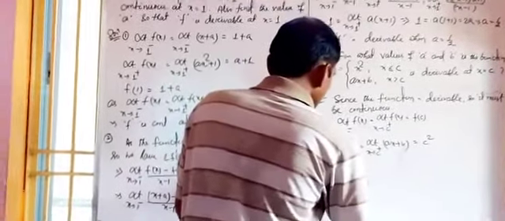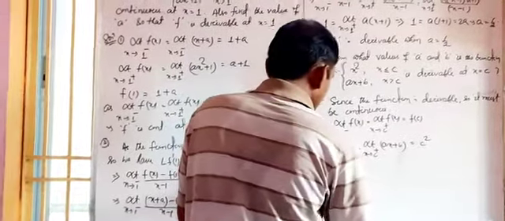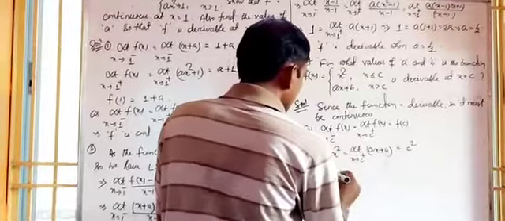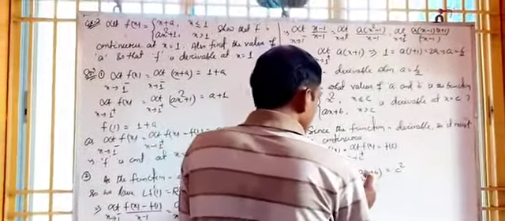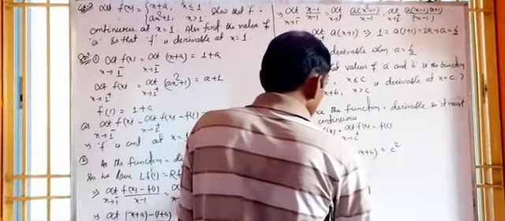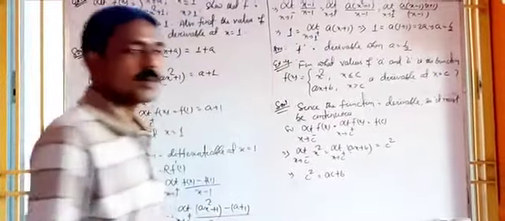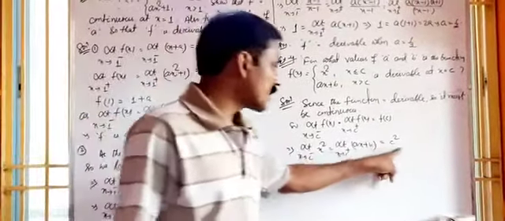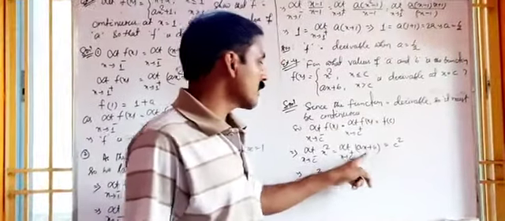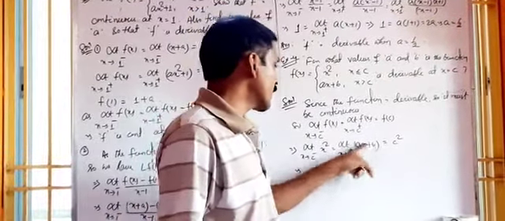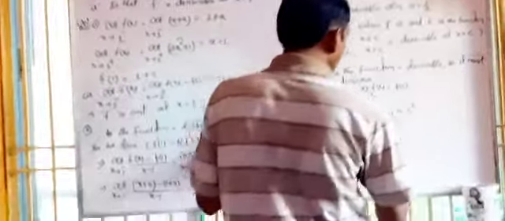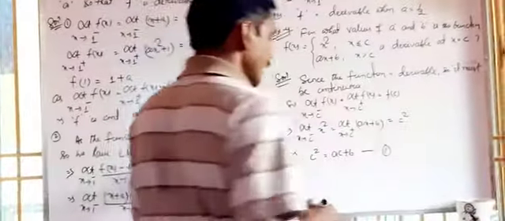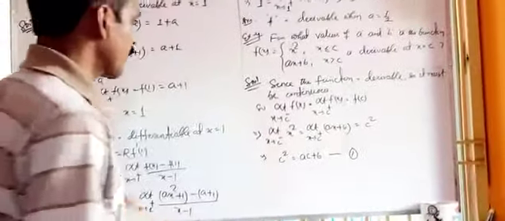This implies c square equals ac plus b. Here c square is an algebraic function, so in place of x you put c, so it is ac plus b. That is our first relation.